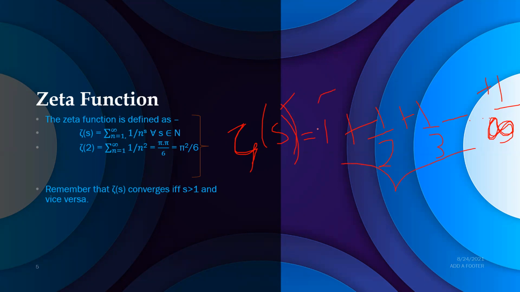And the amazing part is that this sum is infinite, so it does not converge to any value. For example, 1 plus 1 by 2 plus 1 by 4 is a GP, and you can evaluate it: it is tending towards 2, approaching 2, and it cannot be greater than 2.